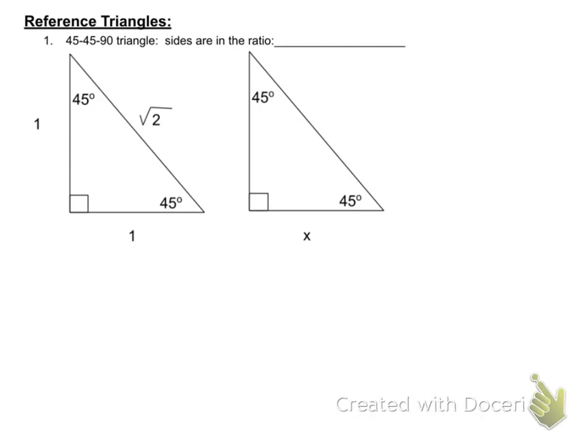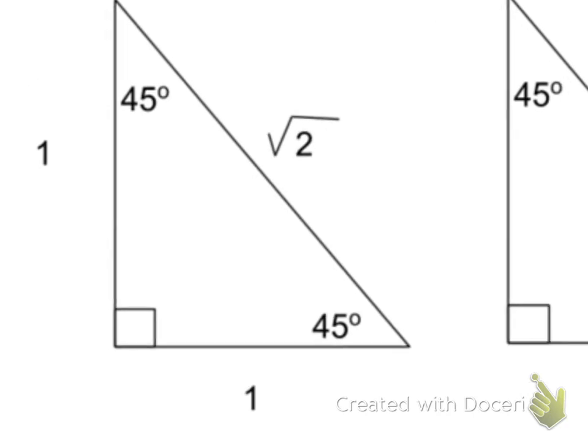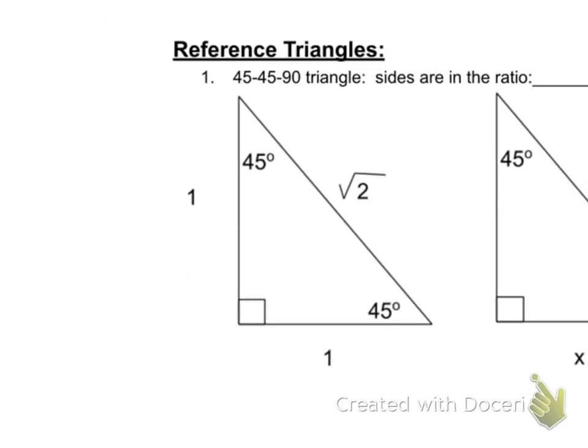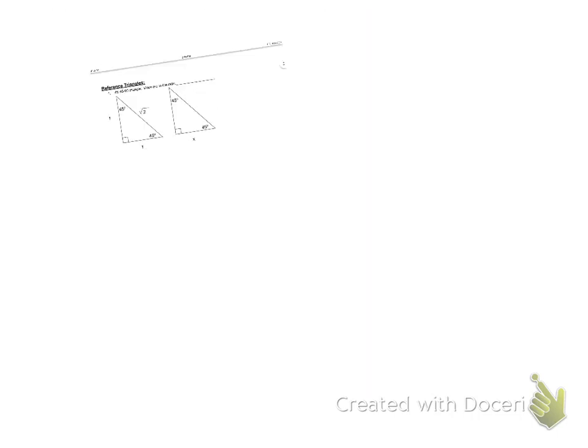If you guys could imagine, I could take this thing and make it change in size. As in I can make it this big. Right? But guess what? The sides are still 1, 1, square root of 2. I could shrink it down to the point where it's that big.